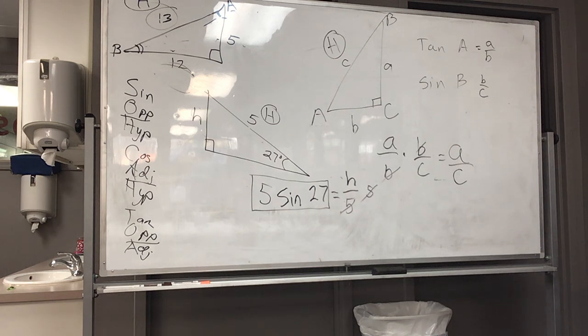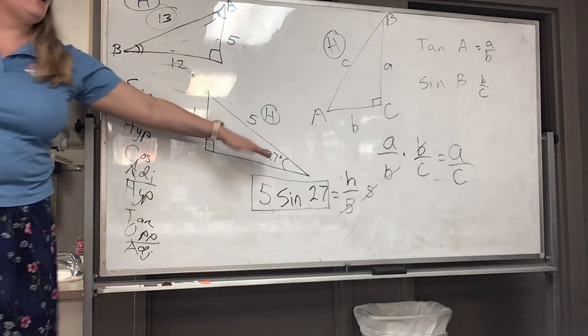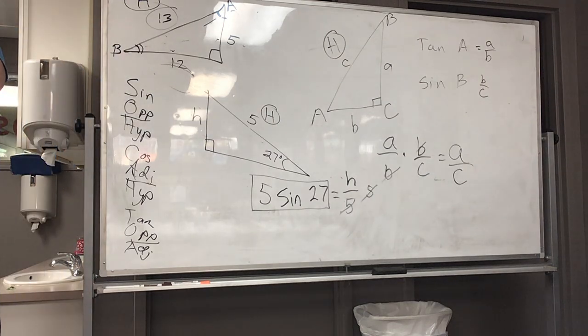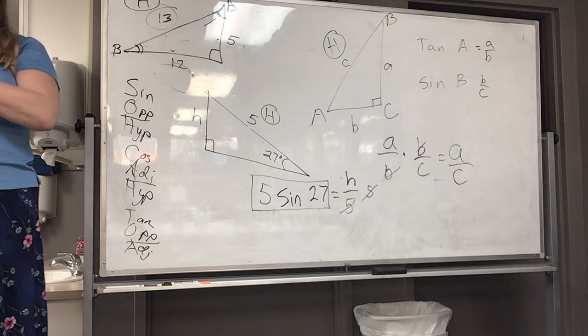Okay. So, what's going on with yours is if you go into mode, you want to make sure that your mode is in degrees. It should be 0.4 something. It was rather small, and that's because 27 is a very small angle. But if you're getting 4 point something, your calculator is in radians rather than degrees.